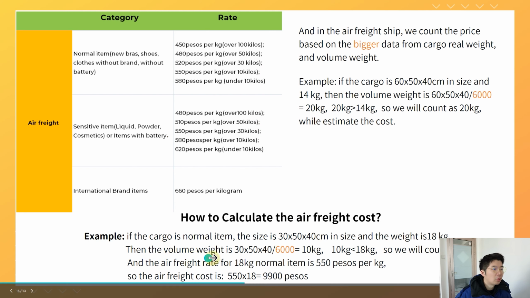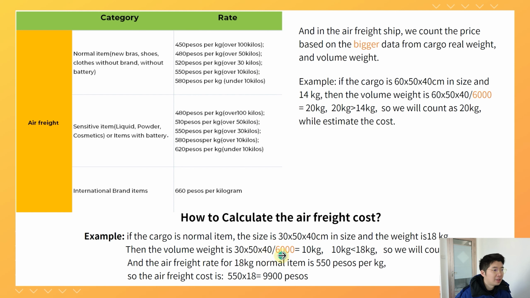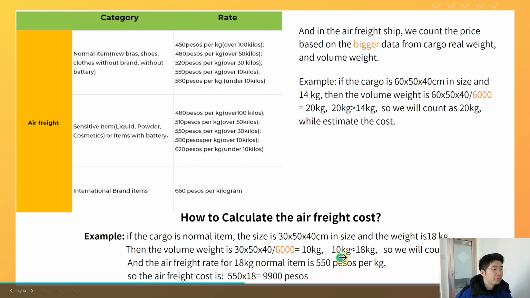Then the volume weight is 30 multiplied by 50 multiplied by 40 divided by 6,000, which equals 10 kilograms. 10 kilograms is less than 18 kilograms, so we will count it as 18 kilograms in this case.